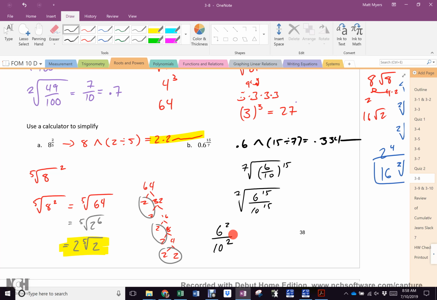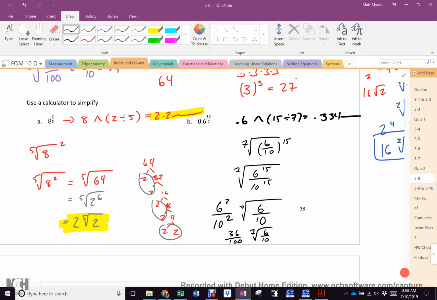All right. And what did I leave under there? How many 6s? 1. How many 10s? 1. So that's 36 over 100, 7th root 6 tenths.